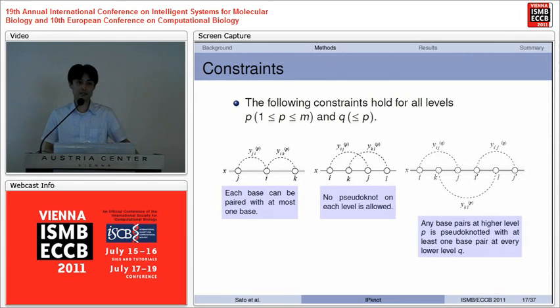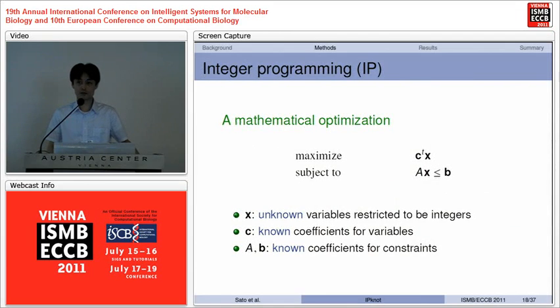We can probably develop sparse dynamic programming recursion to find the optimal secondary structure that satisfies these constraints. However, it is very hard to implement for such complicated constraints. And therefore, we consider the use of integer programming.